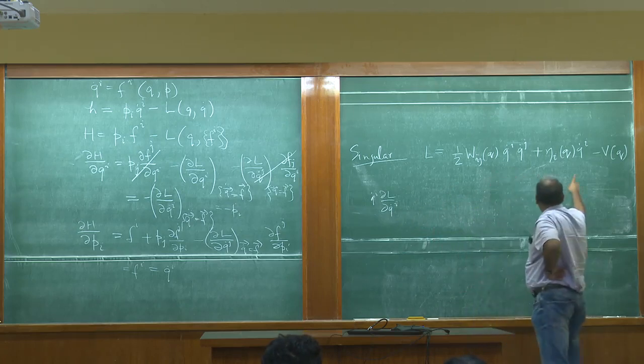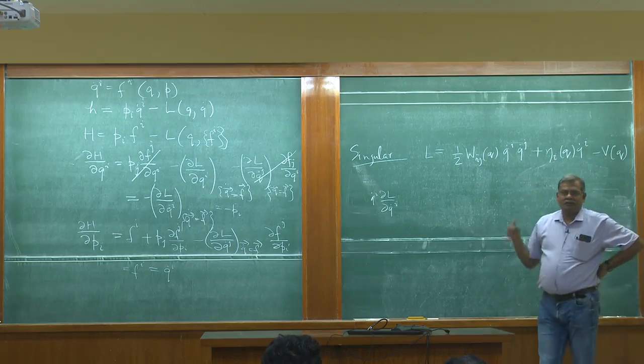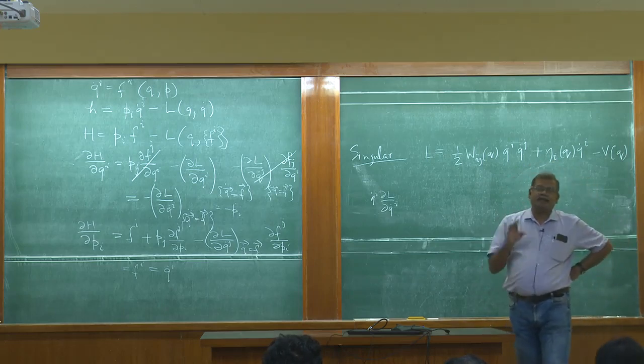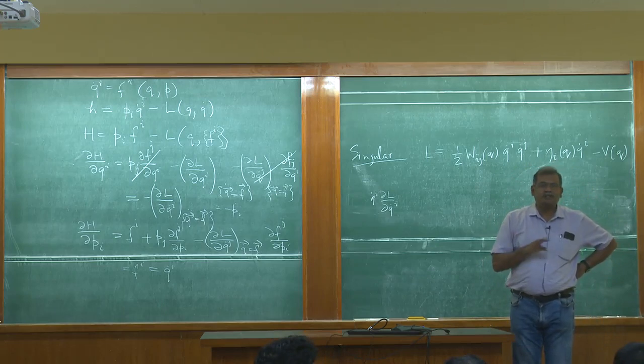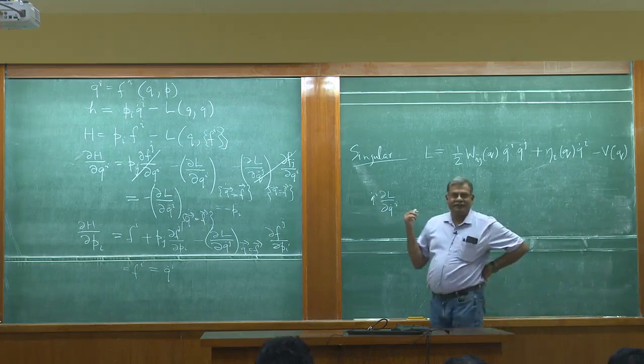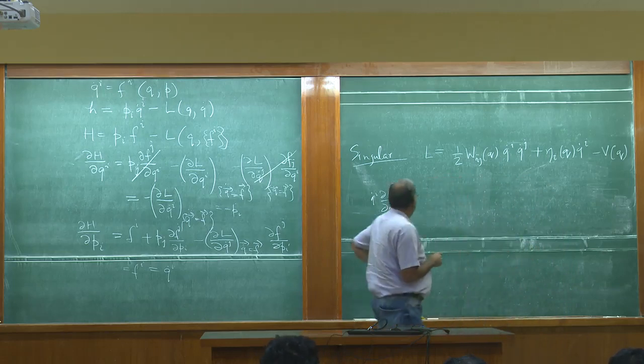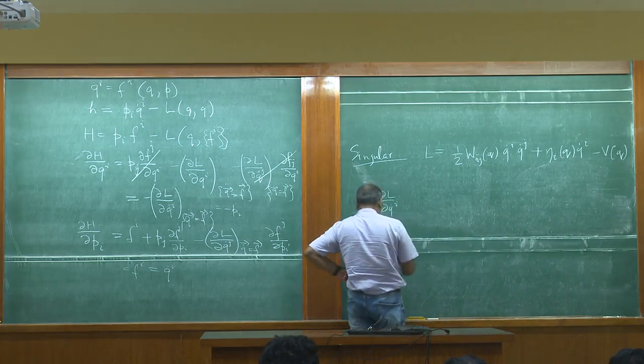Then you would end up with an additional piece here which is part of the kinetic energy also. So, it is only the quadratic part of the kinetic energy plus the potential energy which usually comes out, and minus the term which is independent of velocity. Anyway, that is an easy way to work things out.